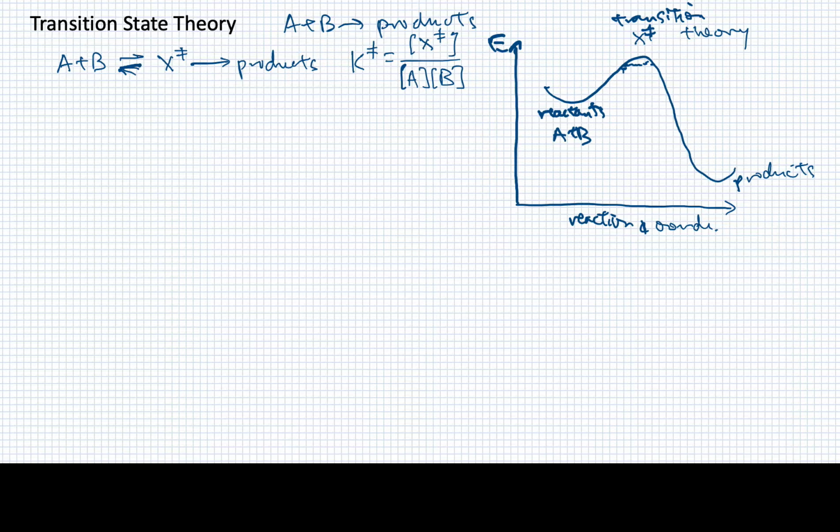Now, the whole idea behind transition state theory is that we want to relate the transition from reactants to products as a frequency for crossing this transition state. So I'm going to define this Greek letter nu, which looks a lot like my italic v, but it's a Greek nu, and we're going to say that this is equal to the frequency for crossing the transition state.